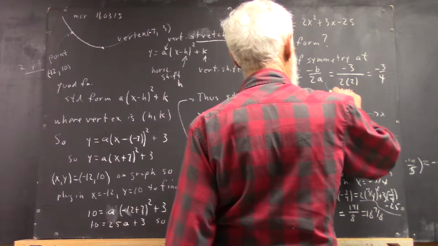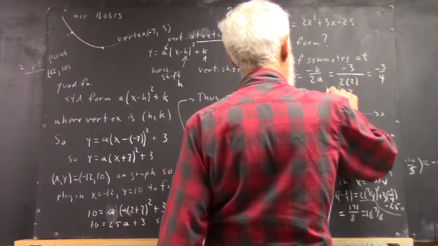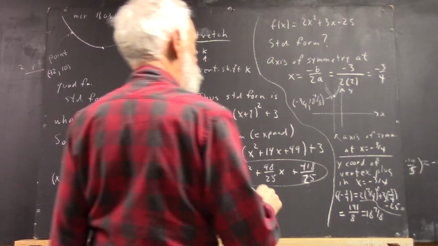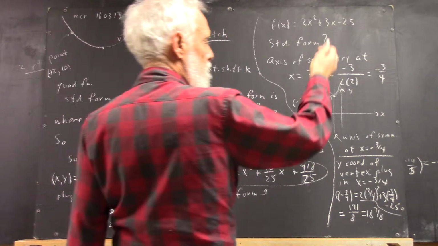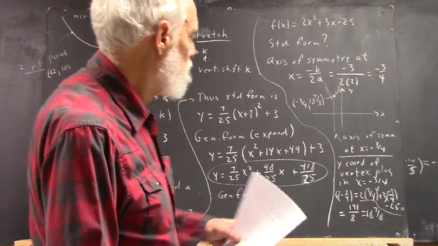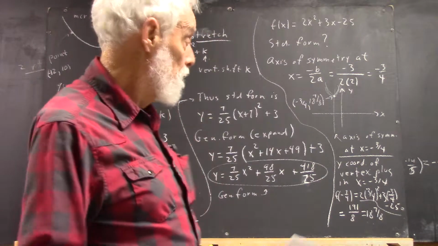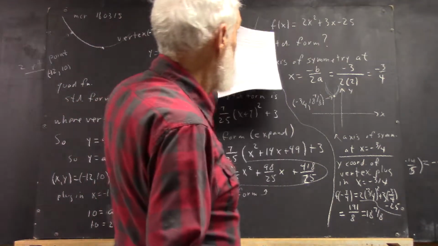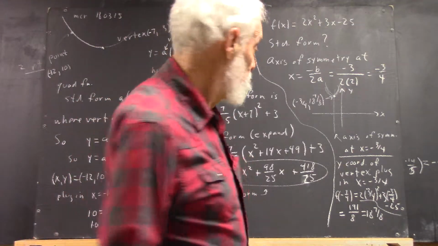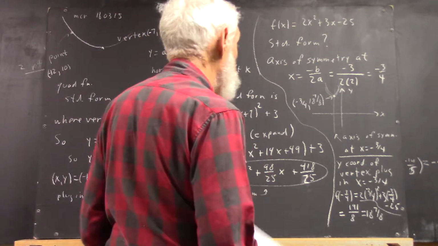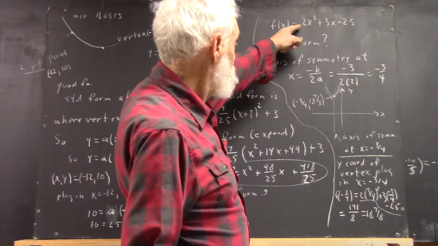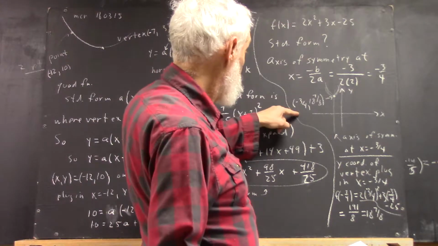Right now I'm not going to go into a lot of detail on how fat or thin the parabola is, because I need to have a more consistent scale here to really illustrate that. To get the equation in standard form though, all I have to do now is say, okay, well, my vertical stretch is 2 and my vertex is this.